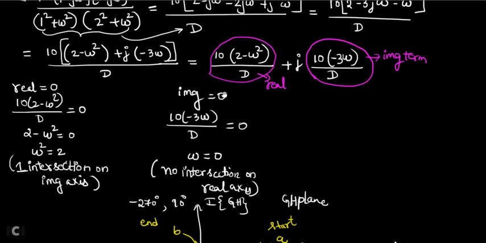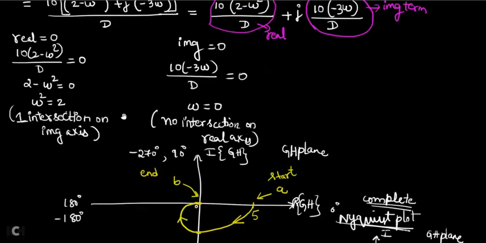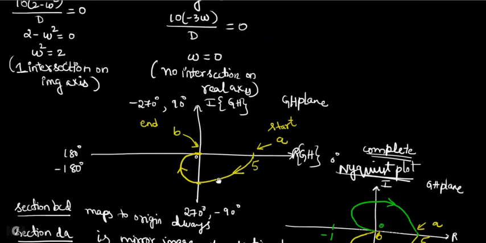For imaginary 0 you get intersection on the real axis, and if you equate real to 0 you get the information about intersection of the imaginary axis. After knowing where the intersection points are, mark all the points A, B, then mark the intersection points and join all the points like a circle or an arc.